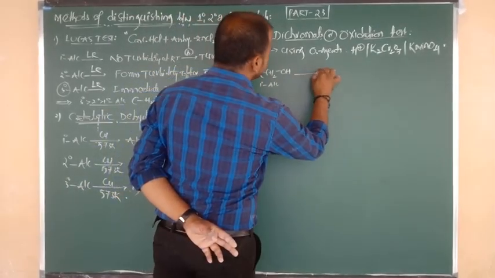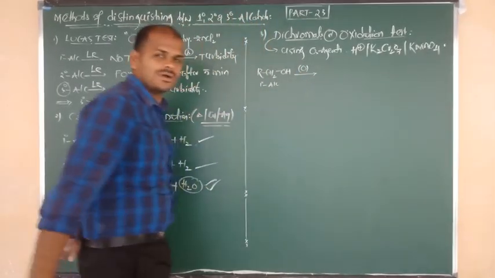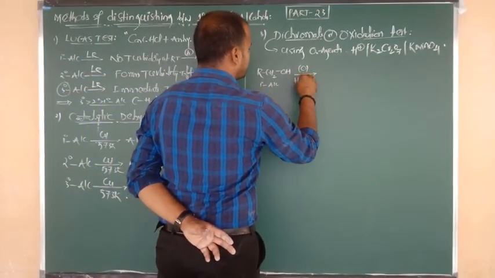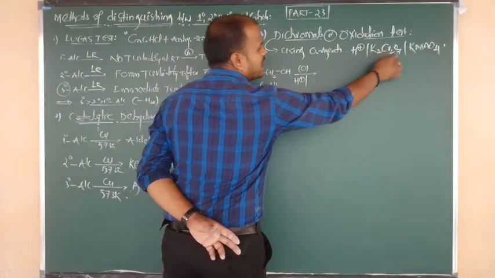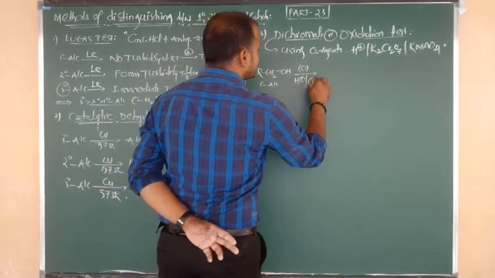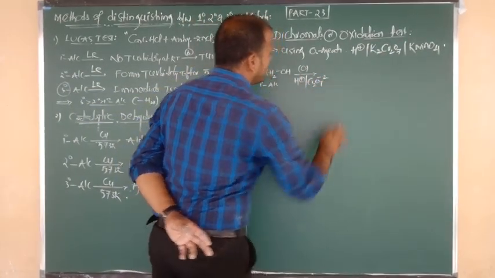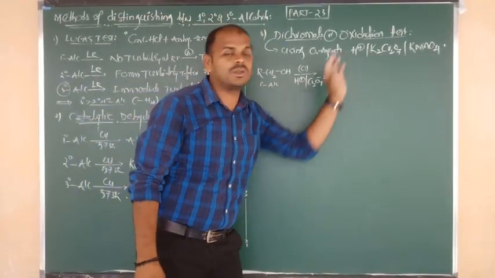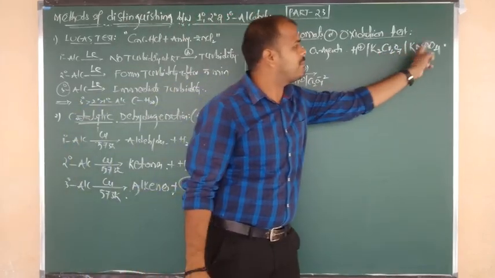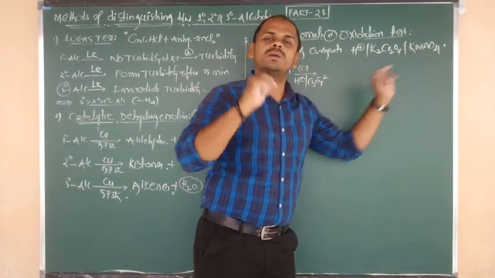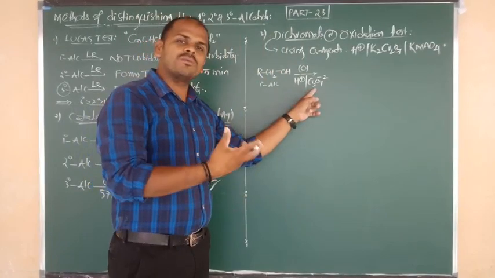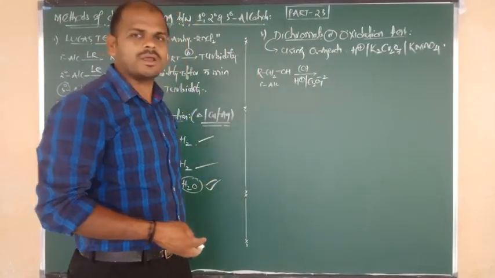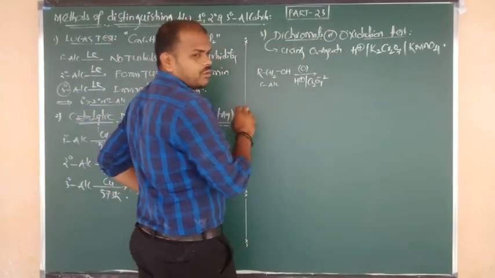Primary alcohols upon oxidation, addition of oxygen, takes place in the presence of acidified potassium dichromate solution. Cr2O7 2-, where K2 is already there, and also MnO4 minus, where potassium is there. So in dichromate medium or permanganate medium, we can carry out the oxidation.